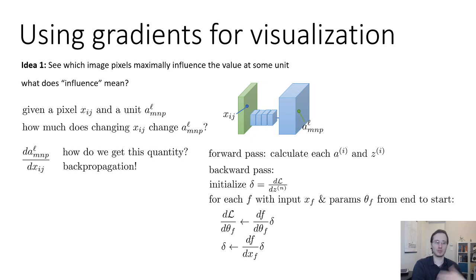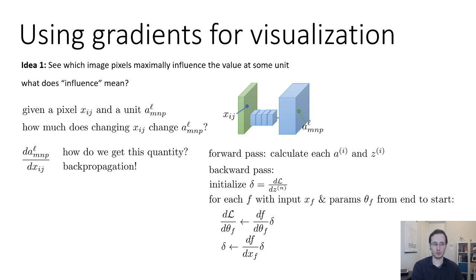Then you compute the delta for the preceding layer by just multiplying your old delta on the left by the Jacobian of that layer. And when you get to the very first layer, delta will actually end up being the derivative of your loss with respect to the original input, which is the image.